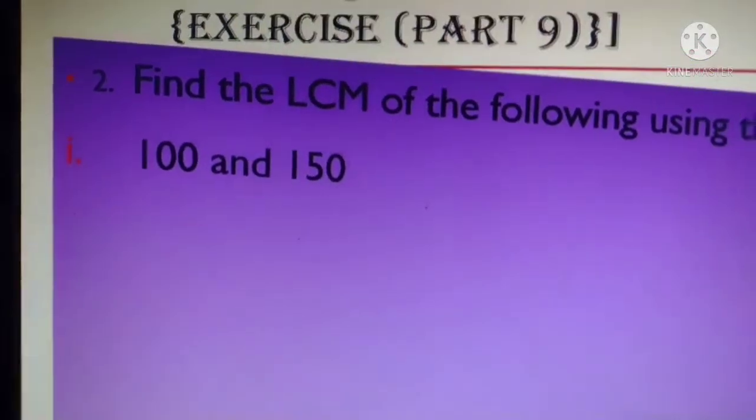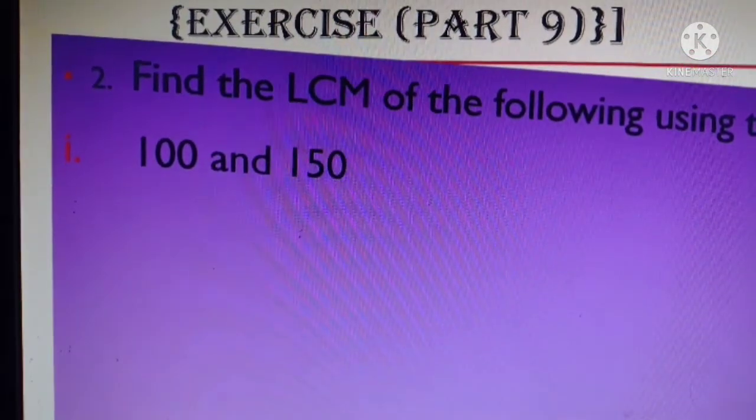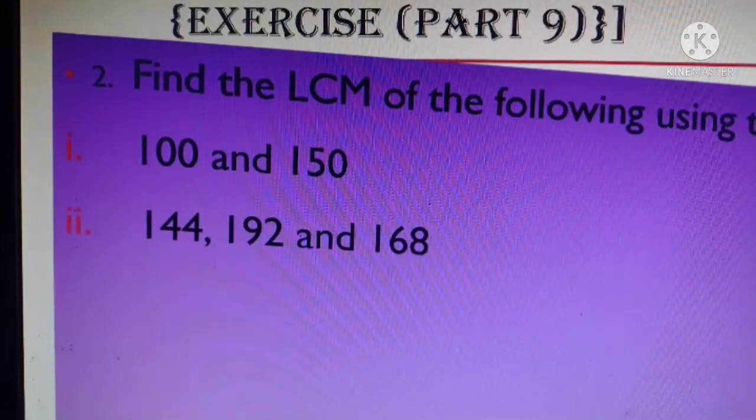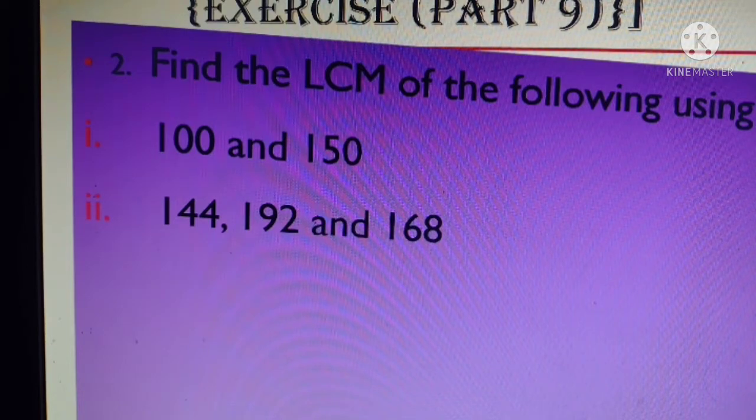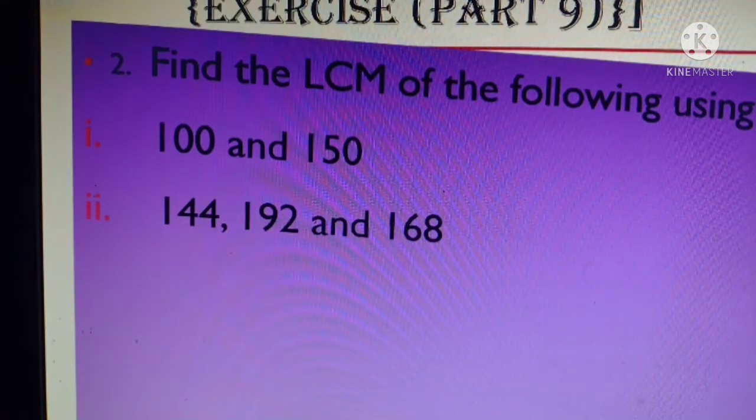Now let's see our second question. It is 144, 192 and 168. So let's find their LCM also. Here we have to just write the numbers. So these were our numbers.